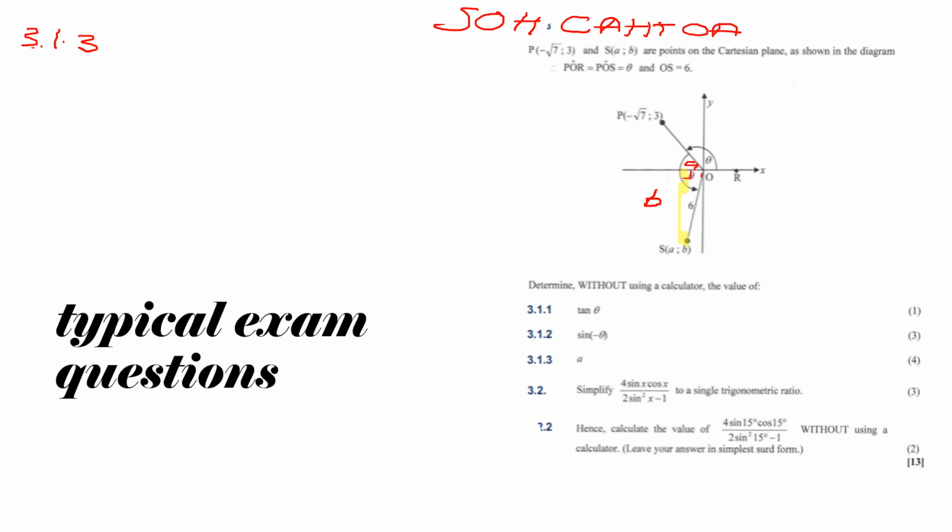Then 3.1.3 wants to know the coordinate of S, which has a variable of A, right? To get that, we need to reconstruct the second triangle, which is this one. So we have reconstructed it, and the adjacent side will be A and the opposite side will be B, and we know the hypotenuse is 6.